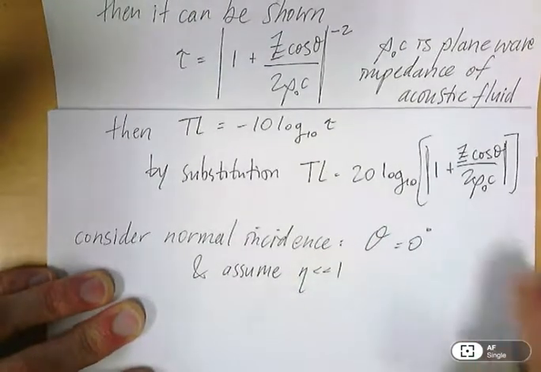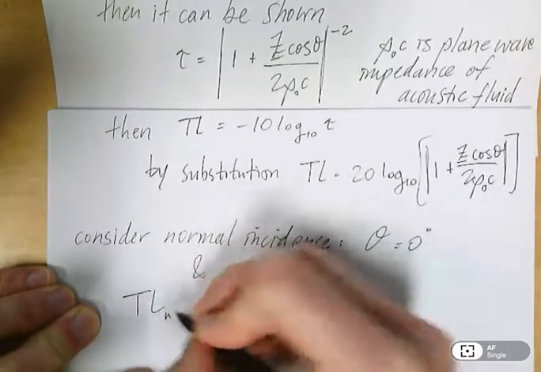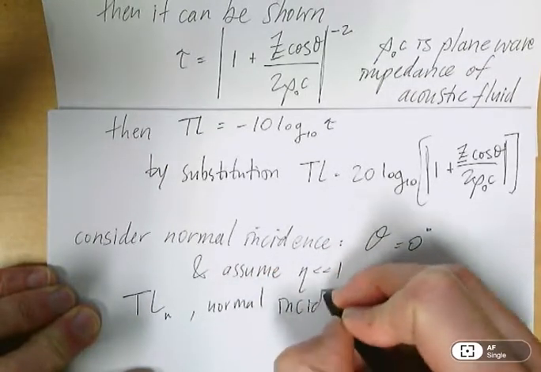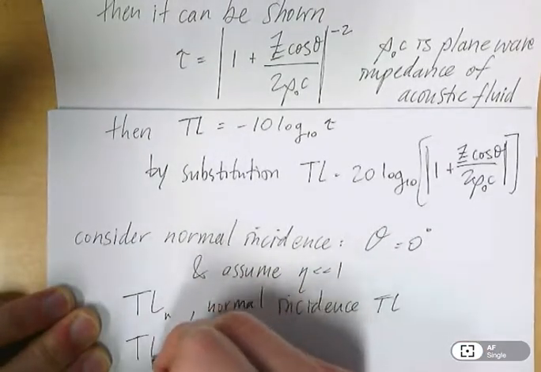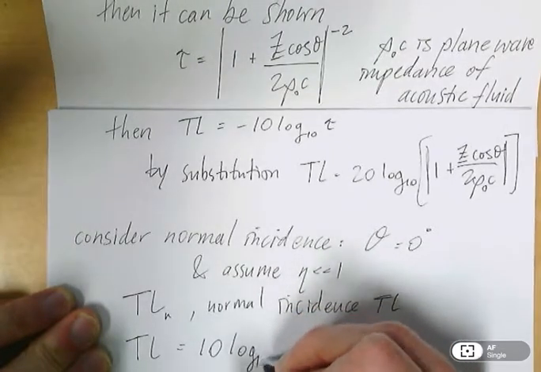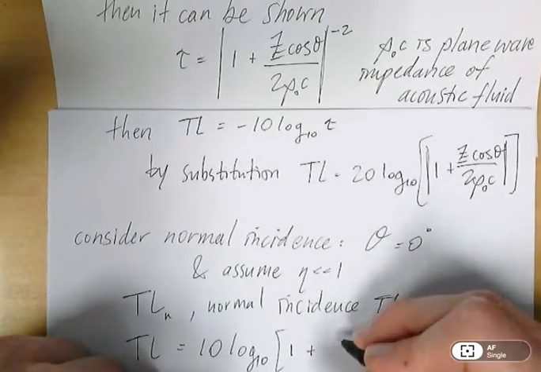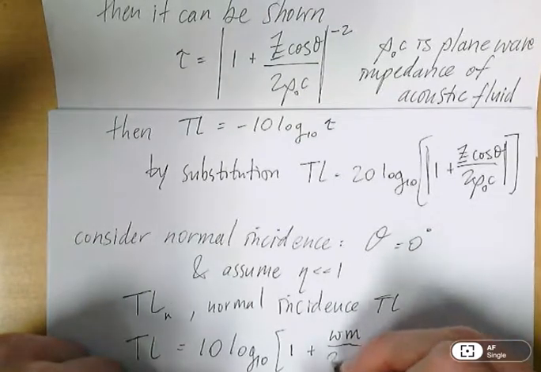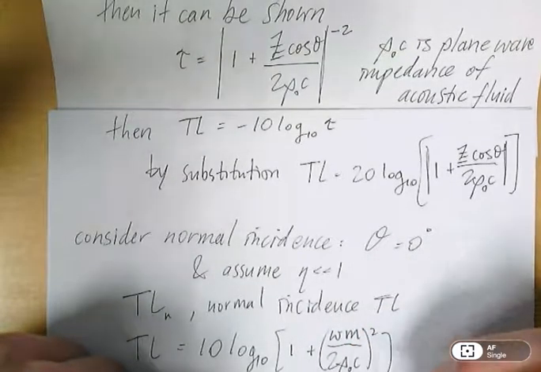We could simplify this and we'll find that the normal incidence transmission loss can be expressed as 10 log 10 of the quantity 1 plus omega times surface density divided by 2 rho naught C, square that and close your brackets.